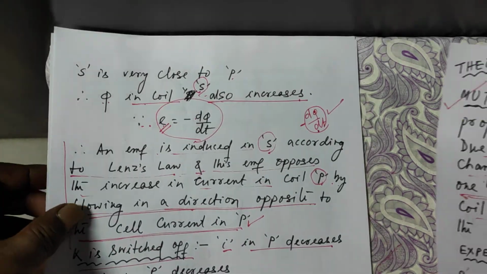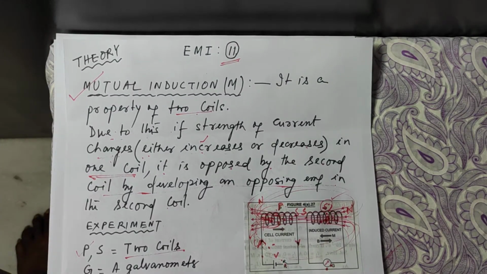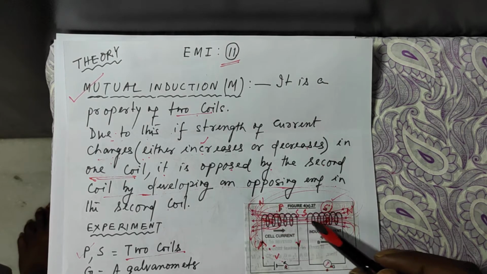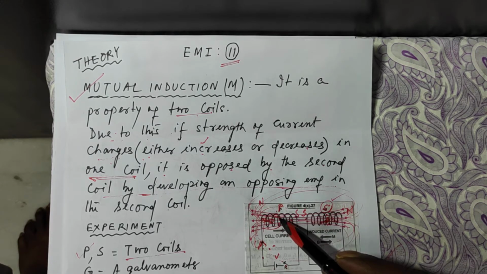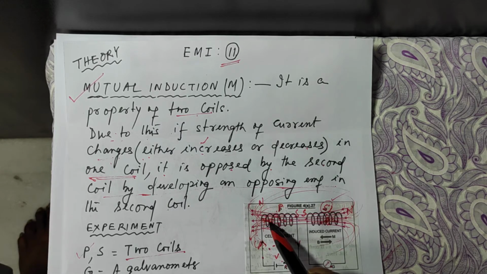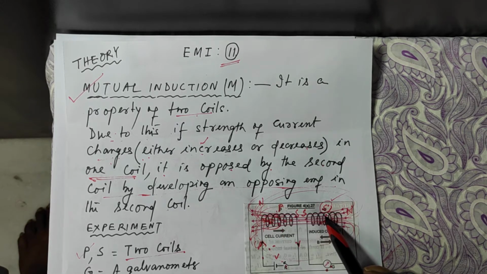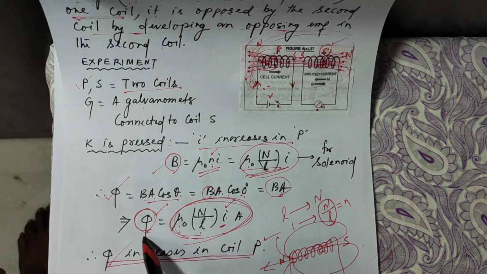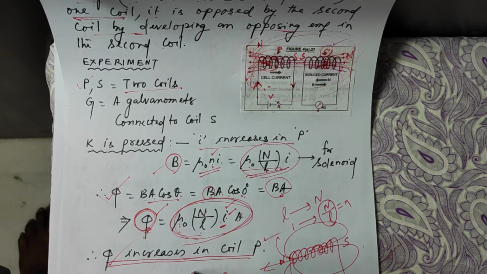To summarize it in a nutshell, whenever S is very close to P, the flux associated with P is also associated with S, and your flux comes out to be mu naught N by L I A. If I changes, flux changes, and since flux changes, EMF, which is equal to minus d phi by dt, has a value.